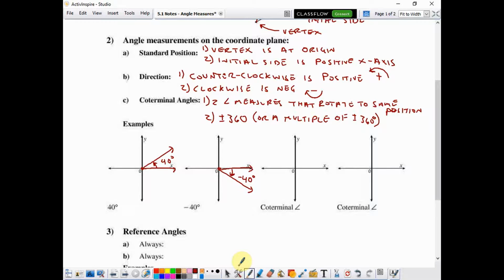Coterminal angles. So let's consider this 40-degree angle here. A coterminal angle might go all the way around and then another 40 degrees. So we still have this 40 degrees here, but the angle is actually 360 plus 40.